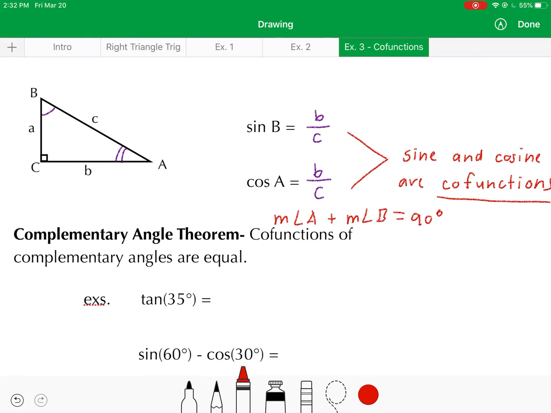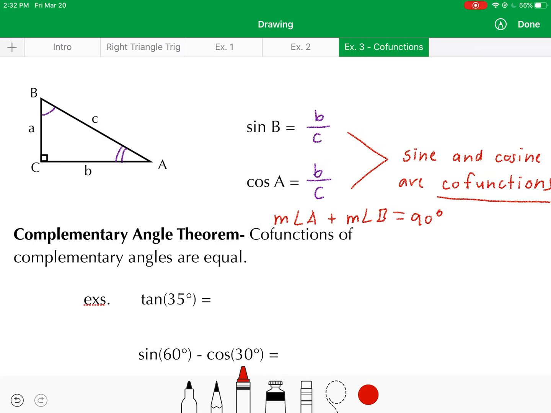So that takes us to a complementary angle theorem. It says cofunctions of complementary angles are always equal, right? Sine of angle B here is equivalent to cosine of angle A. And this is why if you're calling the first function sine of angle B, we have cosine of angle A. They are cofunctions, okay?